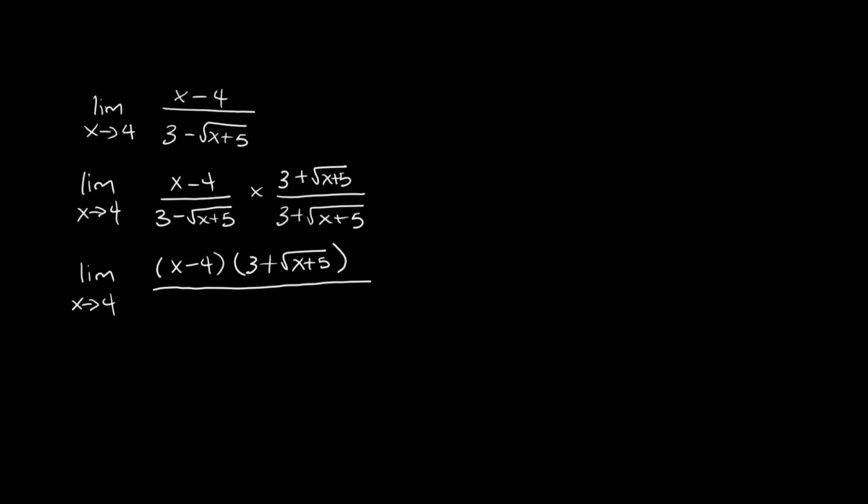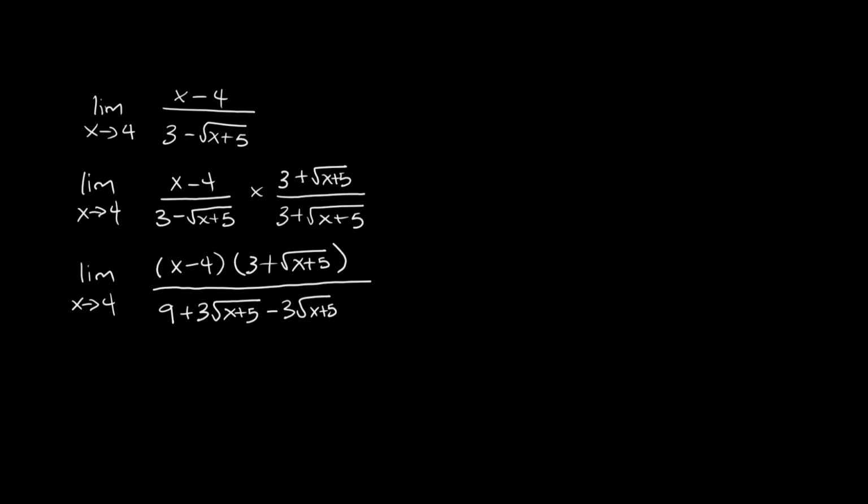And so 3 multiplied by 3 would be 9. 3 multiplied by the root of x plus 5 would be 3 root x plus 5. Negative root x plus 5 multiplied by 3 should be negative 3 root x plus 5.